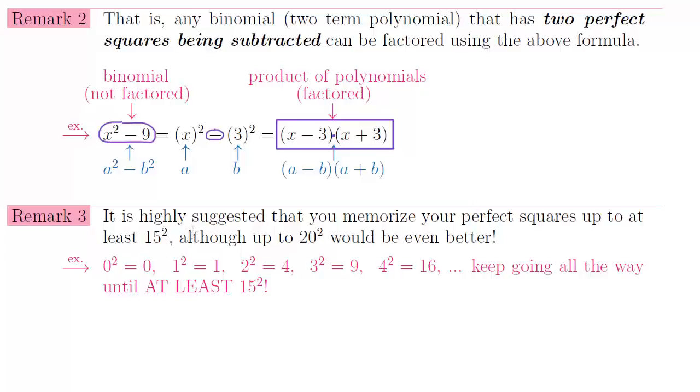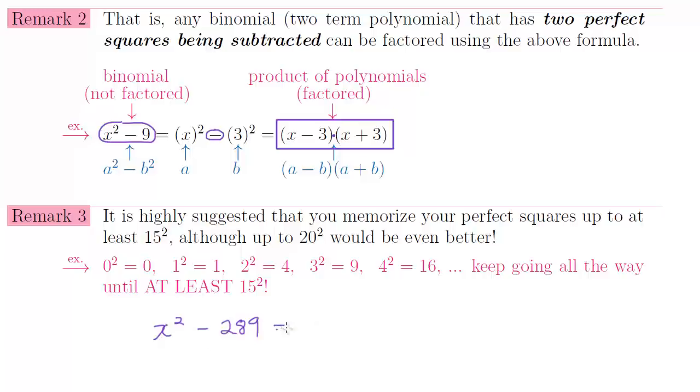A little side comment: in order to recognize when you can apply the difference of squares formula to help you factor, it's good to have your perfect squares memorized. In the last example, we had x squared minus 9, and our brains hopefully really quickly recognize that 9 was 3 squared. But if you're given something like x squared minus 289, if you don't have your perfect squares memorized, you may not recognize that this is a difference of two squares.